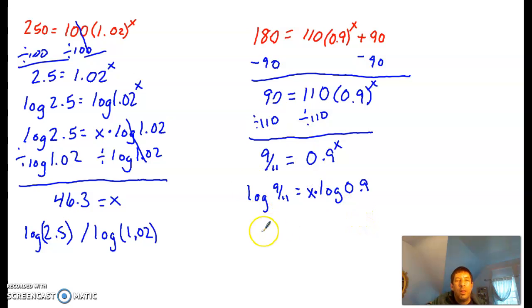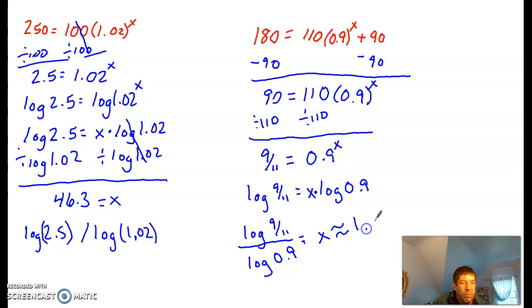Okay. So now I have log of 9/11, and to get rid of the log from this side, I have to divide. So I'm going to divide by the log of 0.9. Okay. So the log of 9/11 divided by the log of 0.9 is approximately 1.9. So that would be our answer there.